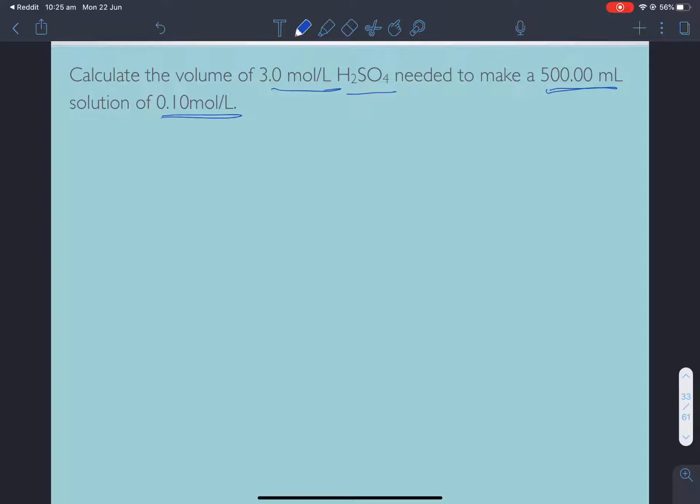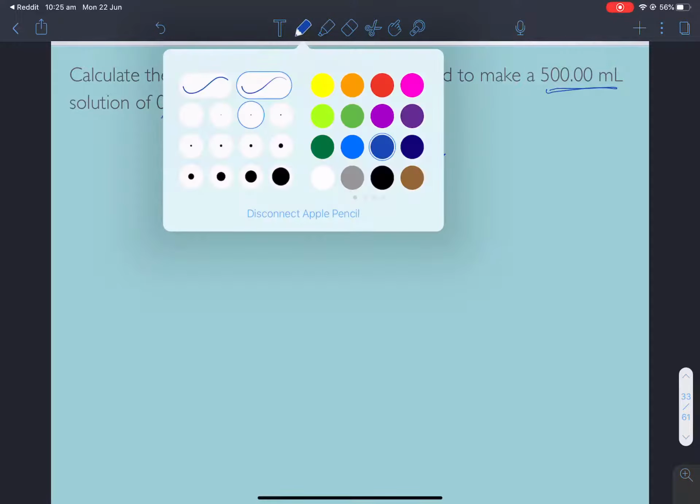Okay? So, I'm going to do it the dimensional analysis way. Moles per liter concentrated times the volume concentrated equals moles per liter of diluted times the volume of diluted. Going to change colors to red.